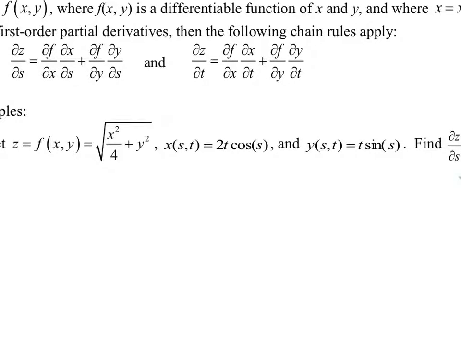So when I want to find partial z with respect to s, what I've got to think about is the different ways in which I can get from z to s. All right. So I've got x's and y's, right? That's where I have to start. So I could do a partial z with respect to x, or I could do a partial z with respect to y.